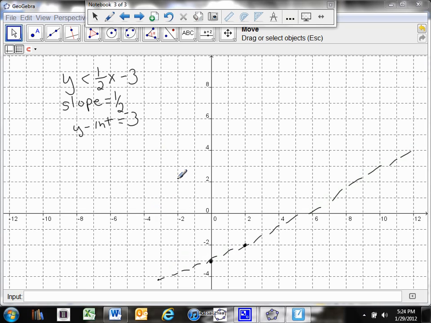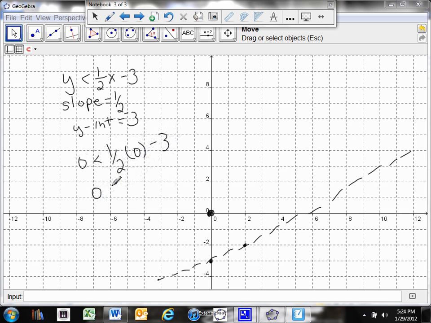Anyway, I'm either going to shade above the line or I'm going to shade below the line. And it depends on my test point. And again, if I can get away with it, I'm going to use 0, 0. So what I'm going to test right now is if 0 is less than 1/2 times 0 minus 3.